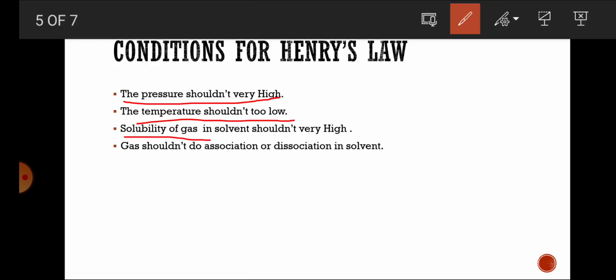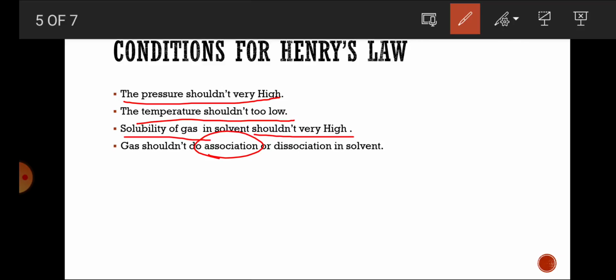The solubility of the gas in solution should not be very high. If the solubility of gas in solution is high, then interaction, association and dissociation will take place. Association means a combination of the solute and solvent molecules.